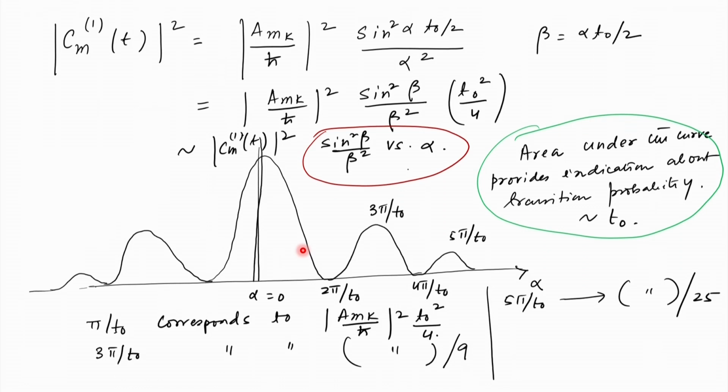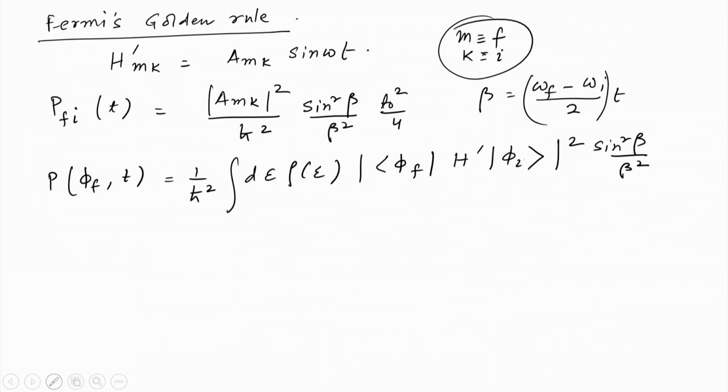But the fact that sin square beta by beta square can be replaced by a delta function, that one has to be convinced about first, and this is what I am trying to impress upon: in this particular integral that we are talking about, the one that is most important is the sin square beta by beta square.